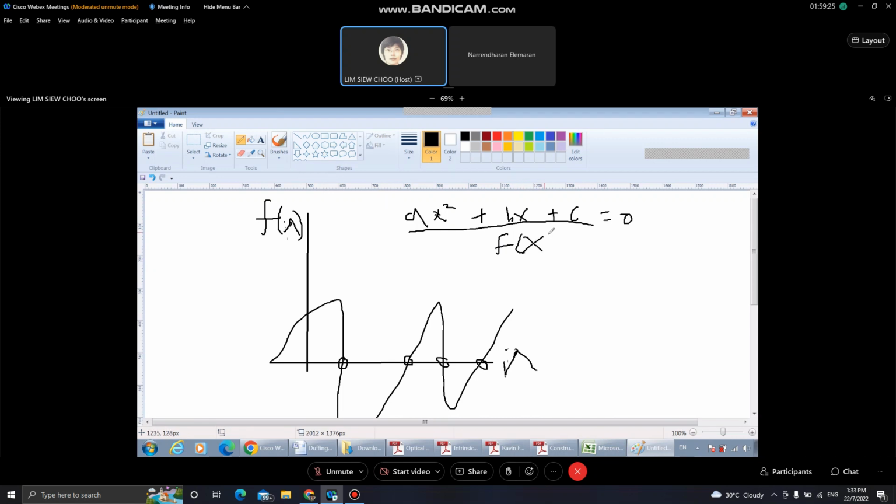After this, you plot the graph of f(x) versus x. When you plot the graph, then you can find the roots. So these are the values of x.